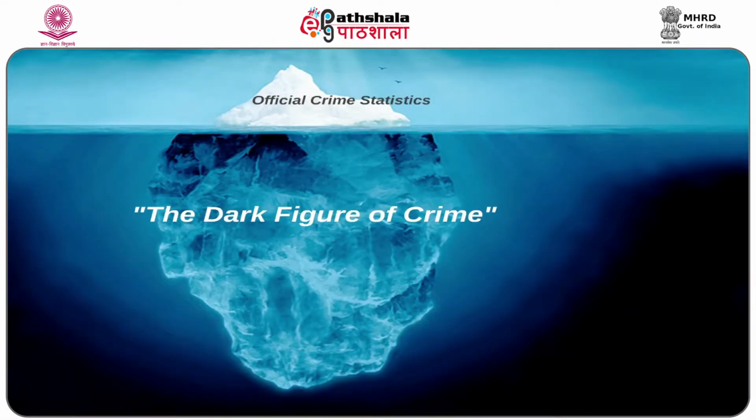What do we see on this picture? It is an iceberg floating in the ocean, and what we see on top is just the tip of the iceberg. This would be the official crime statistics that are reflected in the crime records of most countries.